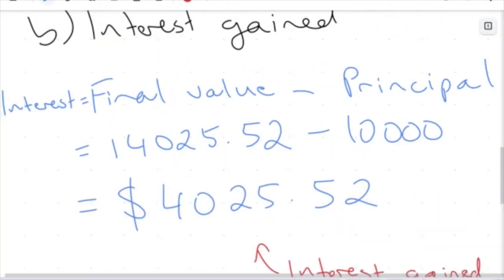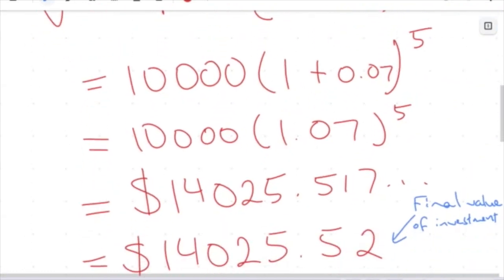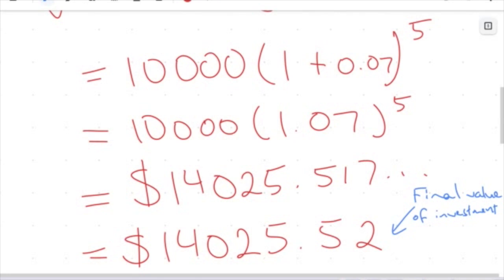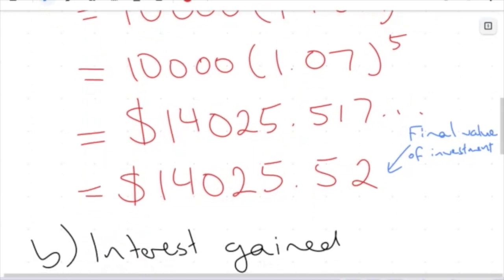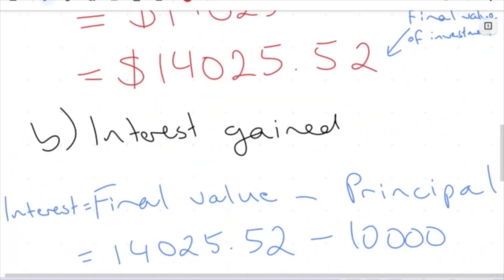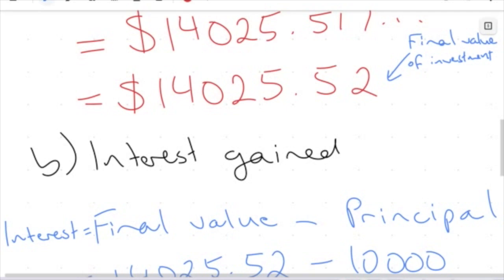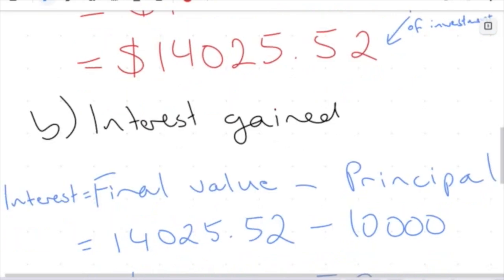So remember, the compound interest formula spits back an answer with the principal included. It is the final value of an investment. In the same way, a depreciation formula gives us, for example, the final value of a car or something like that after a certain amount of years. So the answer we got in part A isn't the interest, it's the final value. This is how this differs from the simple interest stuff we did in last year's course.